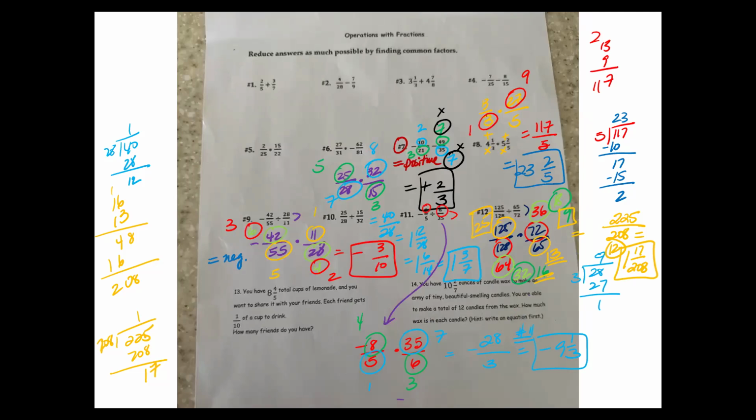Okay, so are we multiplying or dividing? What do you think we're doing here? Because all we did was multiply and divide, right? Okay, so what are the two numbers you're using? You have this many cups of lemonade, right? And you want to share with your friends. So we don't know how many friends there are. So X is your friends, right? Each of them gets 1/10 of a cup of a drink.